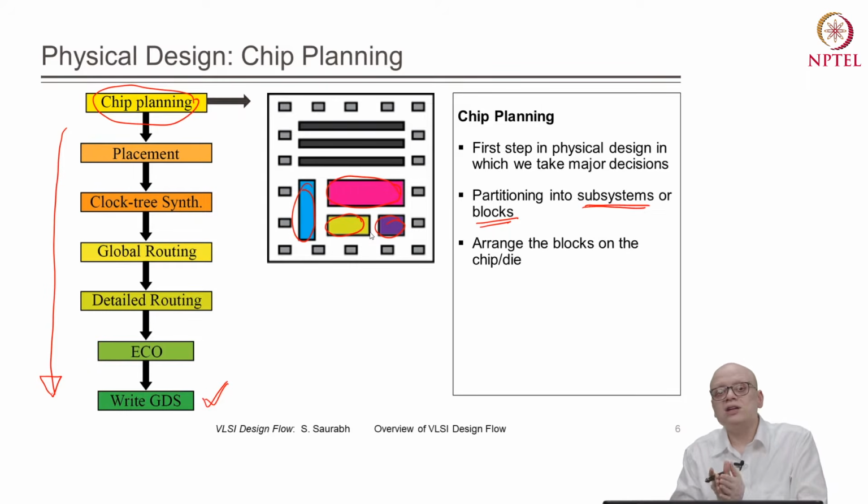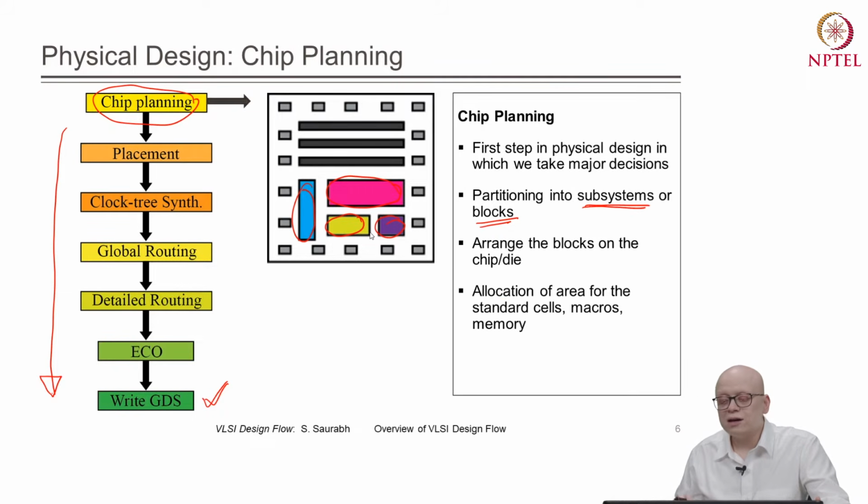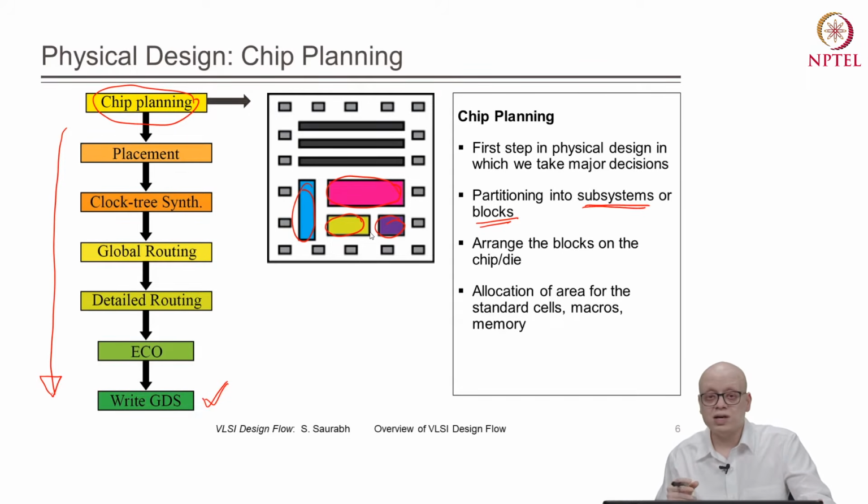For these big blocks, we say that this is the location for them, and they are arranged and put on the die. At this level, a lot of manual intervention can be required. The tool may not be able to come up with an optimum solution, and in that case we may be able to tweak the locations of these macros and probably get a better QoR.